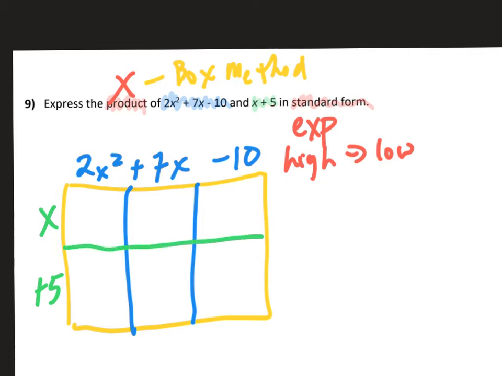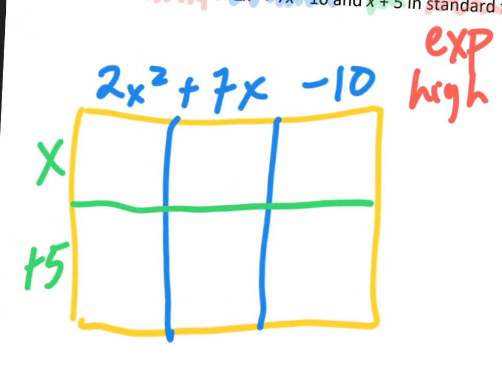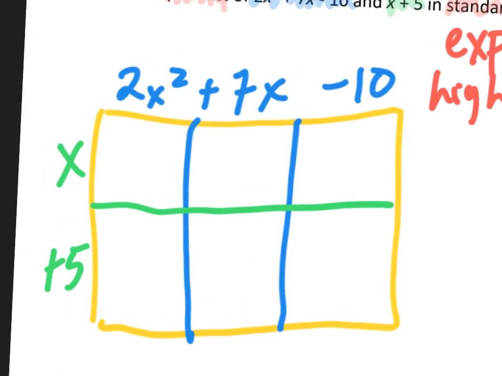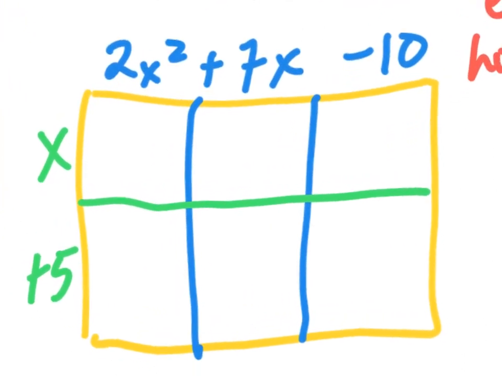Now, this is where it comes in handy to pre-annotate your side lengths. So I see that these 2 lines over here are actually going to be the same value as this expression that we have over here, x.